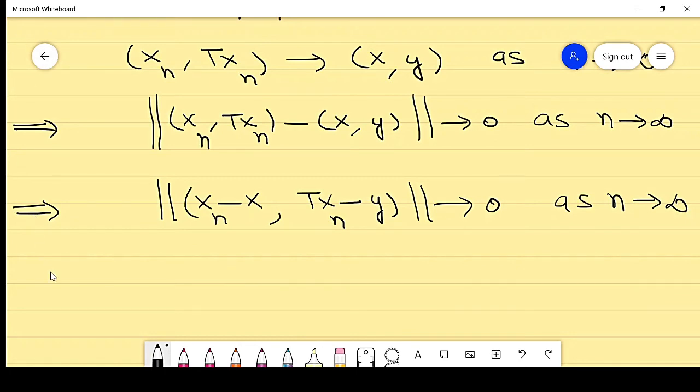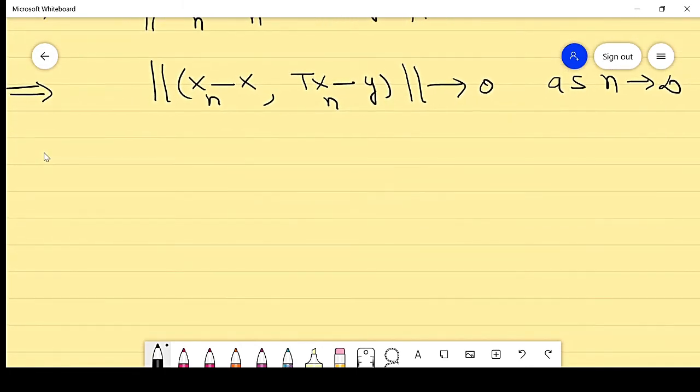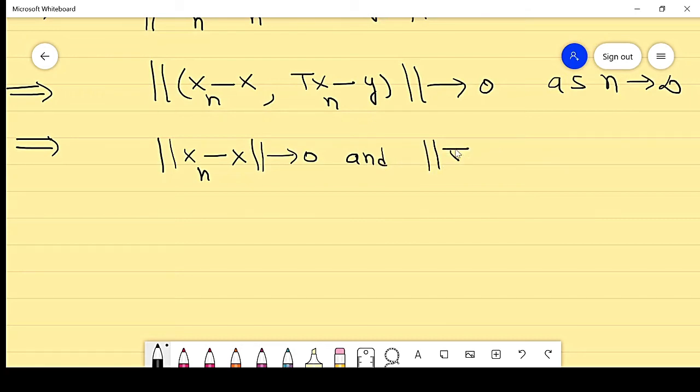Again, second step, just go step by step. Now it implies the norm of xn minus x approaches 0 and the norm of Txn minus y approaches 0 as n approaches infinity.